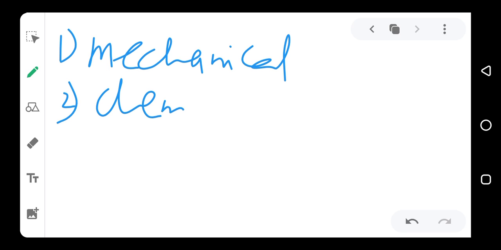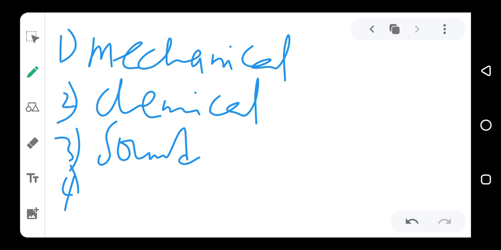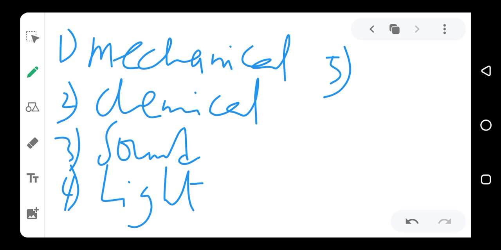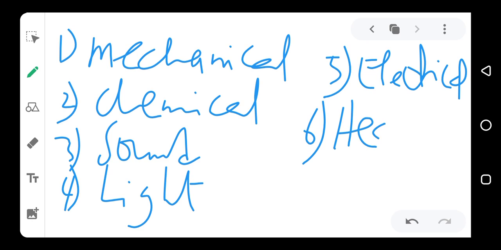But the primary ones are chemical energy, mechanical energy, sound energy, light energy, electrical energy, heat energy, and nuclear energy.